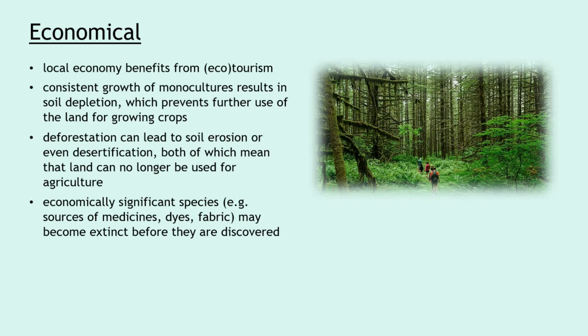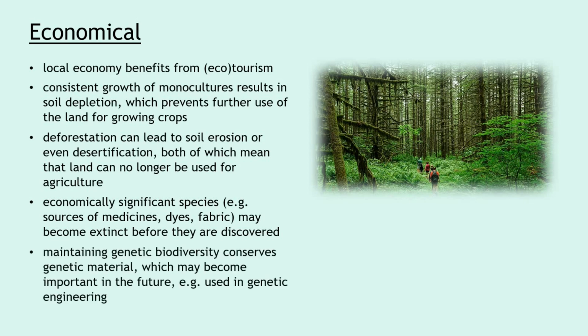And lastly, one thing we shouldn't forget about is genetic material and how many plants and animals can act as sources of potentially important genes in the future. These genes can then be used as part of genetic engineering, maybe, to solve problems like increased periods of drought.